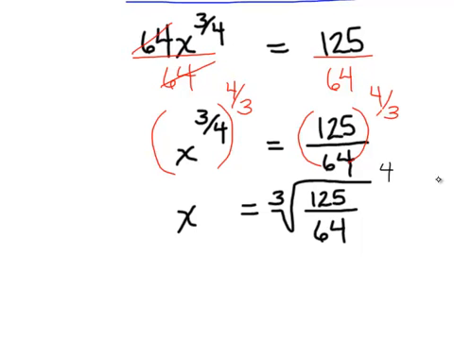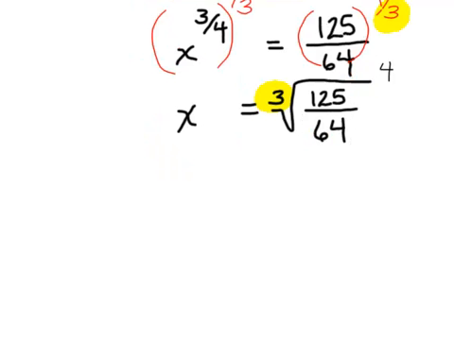Remember, when it's raised to a fractional exponent, this denominator here is the root. So I just rewrote this. It's 125 over 64 to the 4/3 is the same thing as the cube root of 125 over 64 to the 4th. And so I can still do a lot of this in my head.